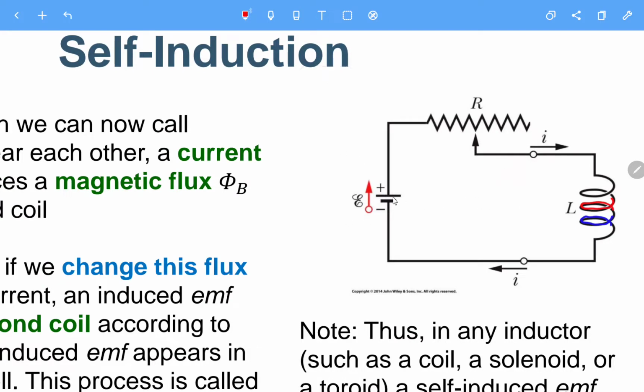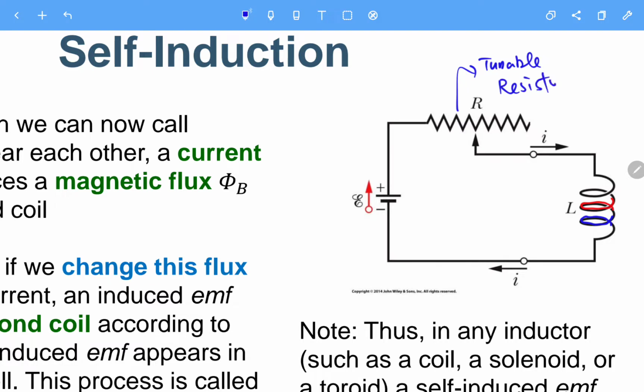So here is a battery, this is a resistance, and then here is an arrow, which means that this arrow can be sliding over the resistor, making it a tunable resistor.